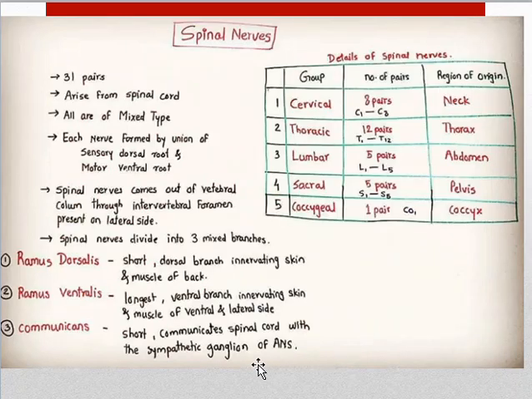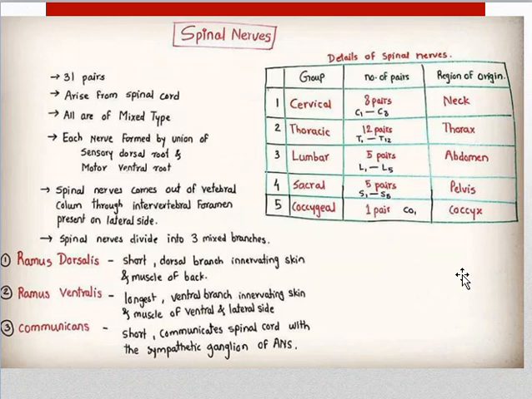Spinal nerves, what are they? They are 31 pairs of nerves arising from the spinal cord. All are mixed types, each nerve formed by the union of a sensory dorsal root and a motor ventral root. Spinal nerves come out of the vertebral column through intervertebral foramina present on the lateral side.